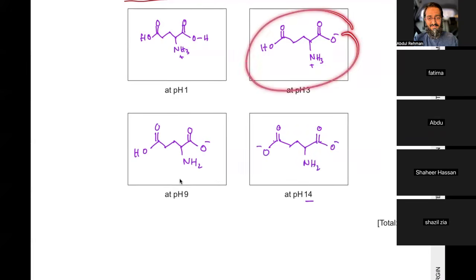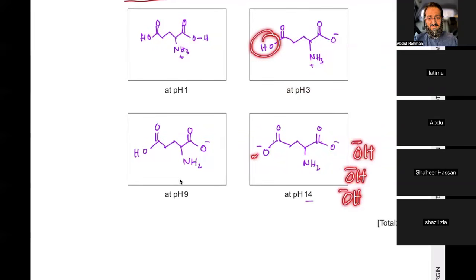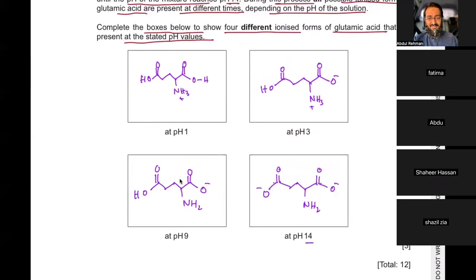So at pH 3, zwitterion, positive and negative both there. Lower than this, excess hydrogens are there, so the O negative accepts that excess hydrogen. At a little higher pH, more hydroxide, so the NH3 positive loses the hydrogen to neutralize it, and we get NH2. At pH 14, there are many more hydroxides, so both of these lose their hydrogen ions. Is this clear?